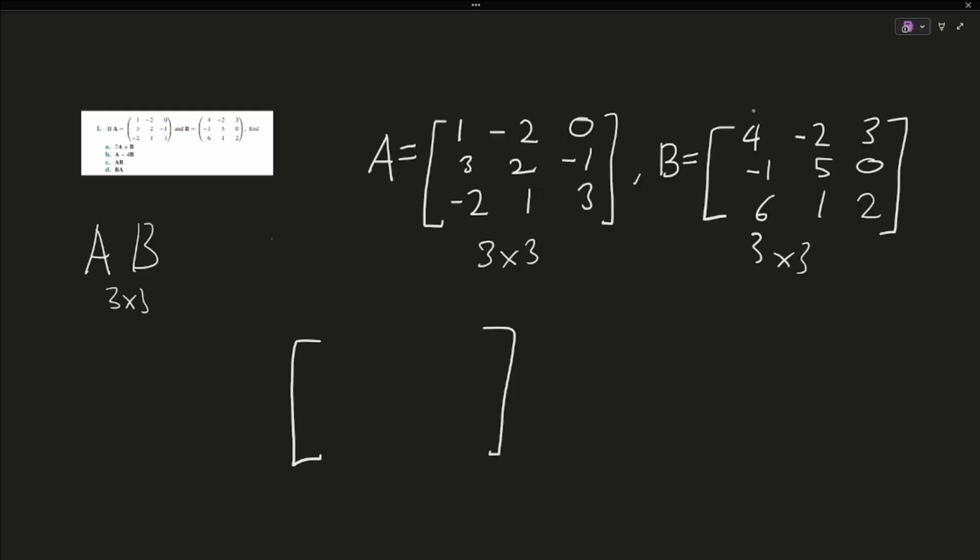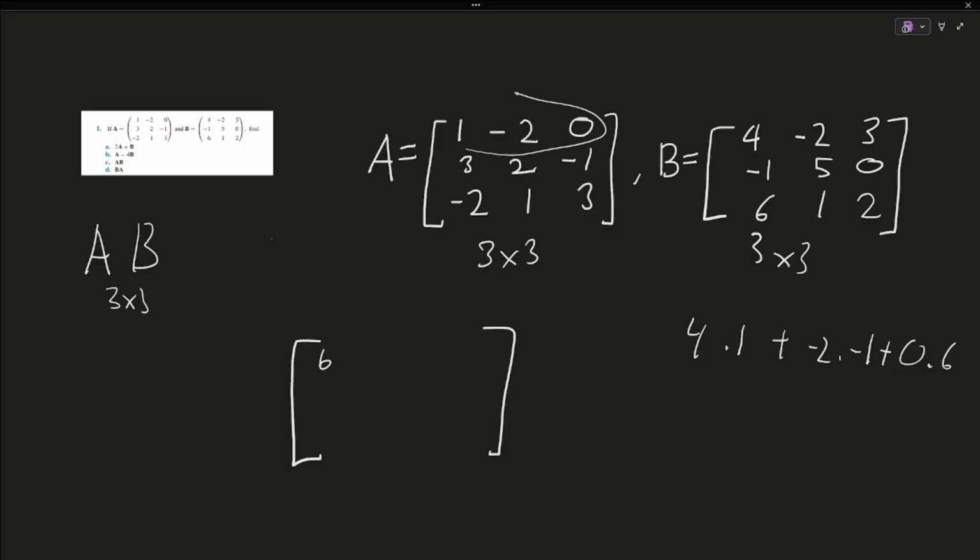So we're going to multiply 1 with 4, -2 with -1, and 0 with 6. So we will have 4 plus -2 times -1 is 2, plus 0 times 6. So we will have 6.